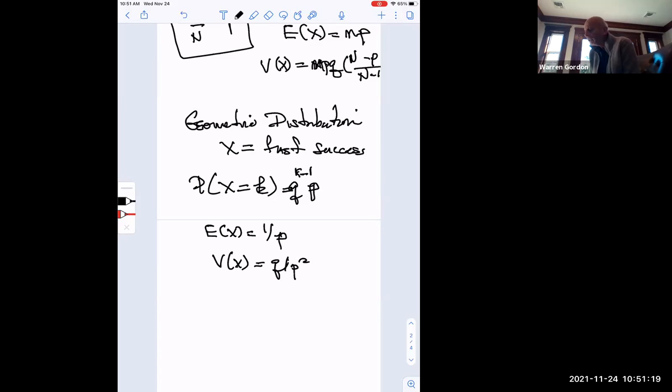And the interesting thing also, by the way, is the moment generating function, which I showed you how to get the other day. It turns out to be P e to the T over 1 minus Q e to the T. You'll check these right in the text.